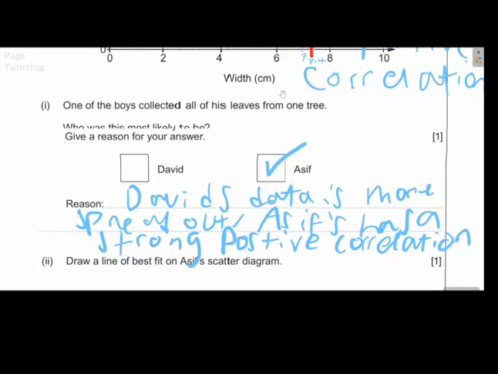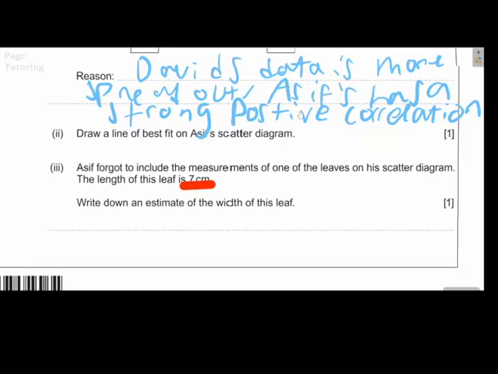So if we scroll back down to our question, our estimate would be 7.4 centimeters.